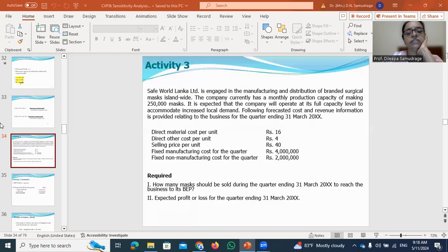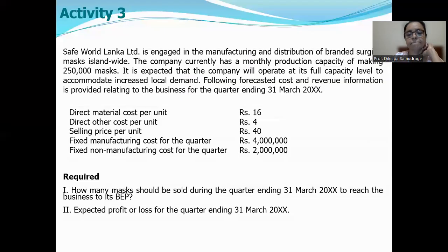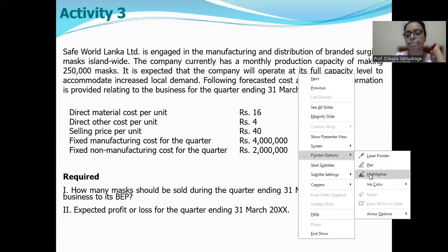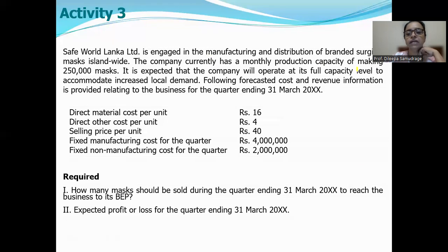Here it says Safer Lanka Limited is in the manufacturing and distribution of branded surgical masks island-wide. The company currently has a monthly production capacity of 250,000 masks. It is expected that the company will operate at its full capacity level to accommodate increased local demand.